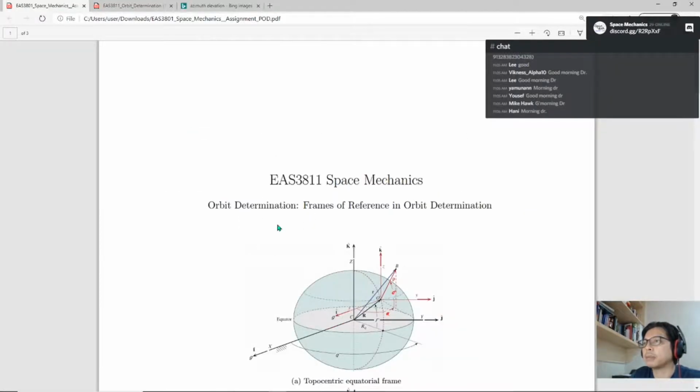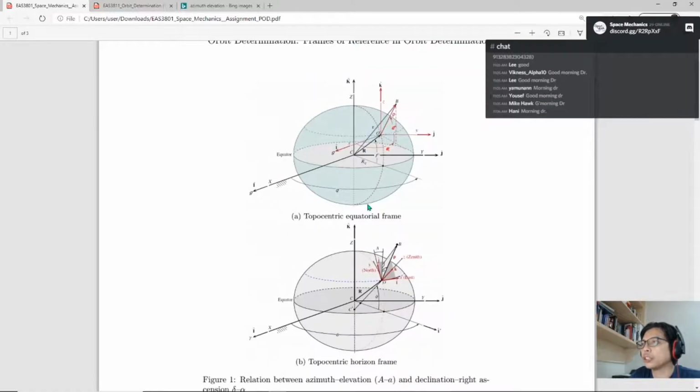So orbit determination. I introduced to you two new coordinate systems where the origin is not at the center, but your origin is here on the surface of the Earth.